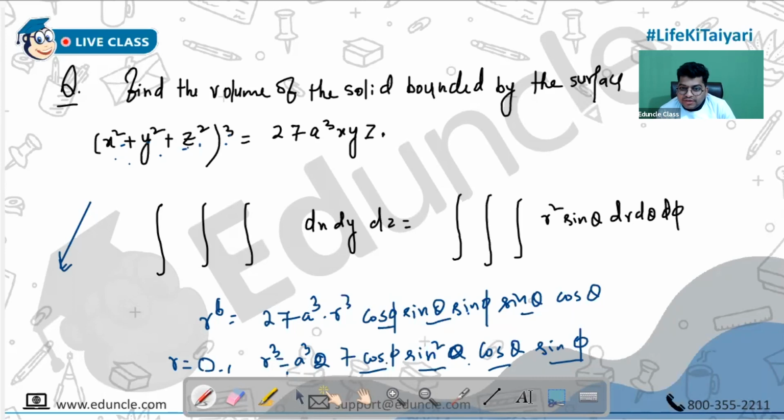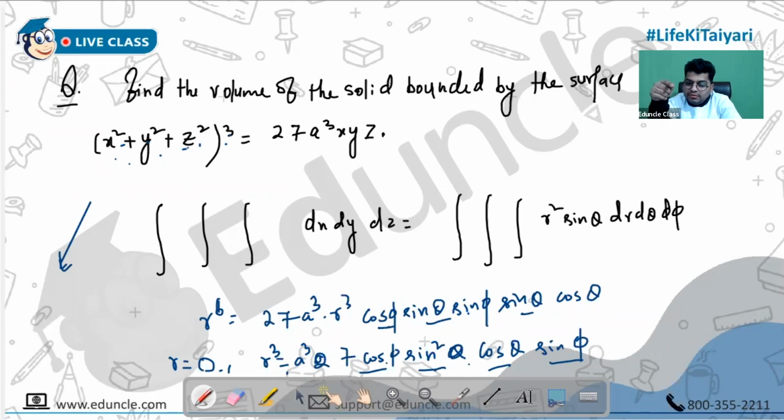The curve is not there, na? So this curve exists only in x positive, y positive, x negative, y negative, and z positive. Am I clear? Yes or no?